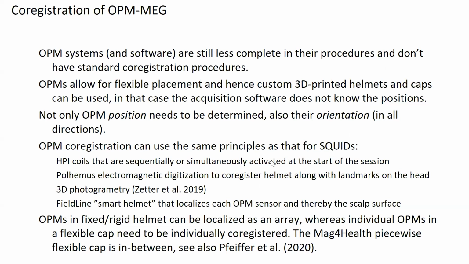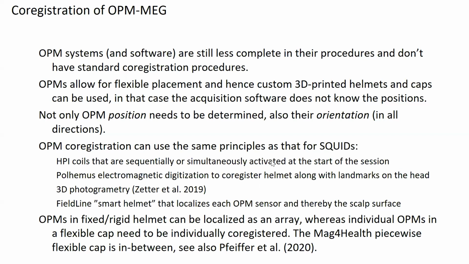If you consider OPMs in a fixed or rigid helmet, you can localize them as an array. So if all the sensor positions are known relative to each other, it's just all the sensors that are moving along with each other. Whereas if you have an individual EEG style cap which stretches and where the sensors can also tilt a little bit, then you have to start thinking about localizing and determining the position of each individual sensor separately.